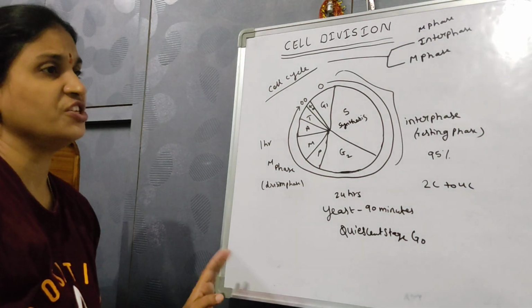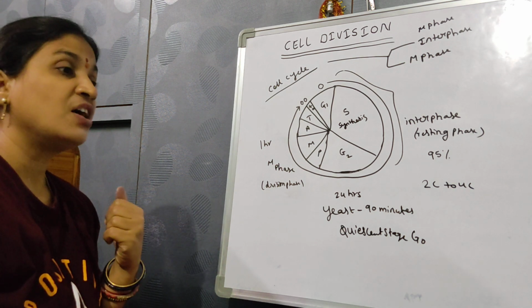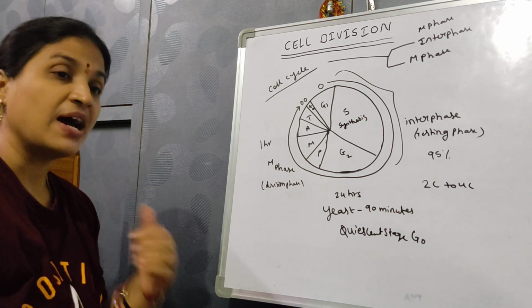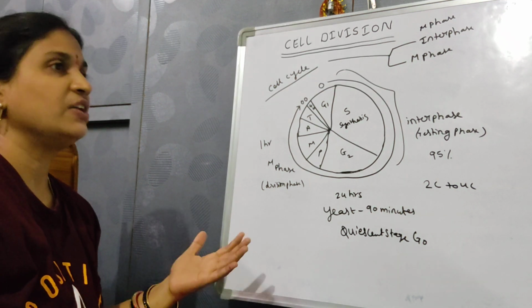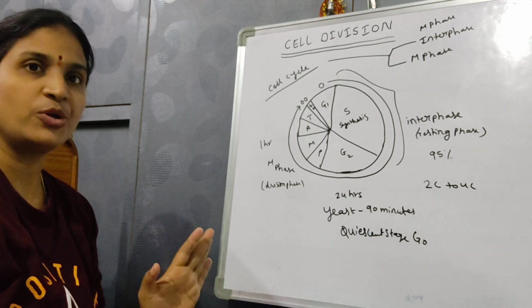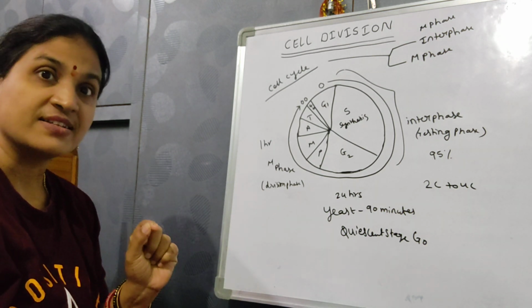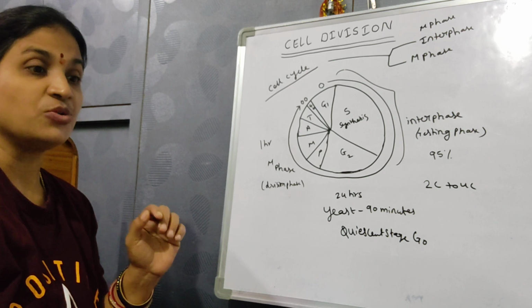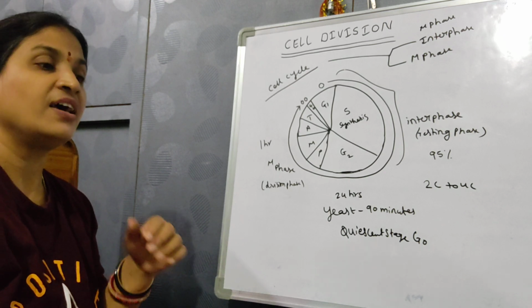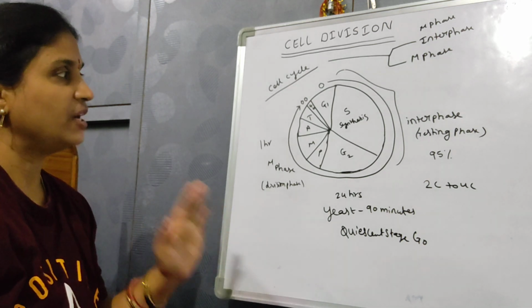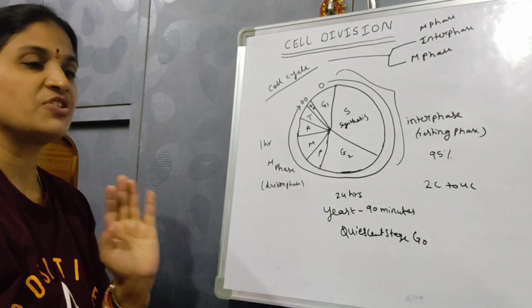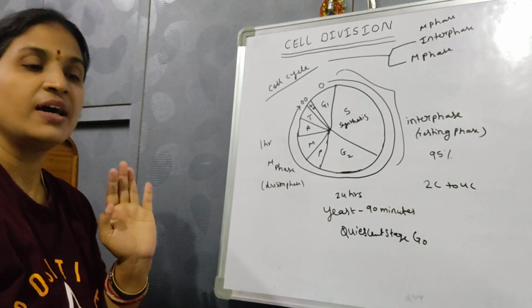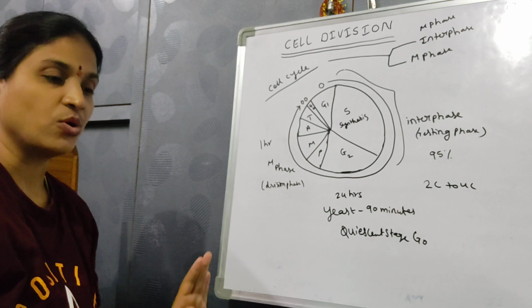Majorly they will not show any division, but if the organism demands the cells to divide, they will divide. The normal heart cells are not going to divide, but if it is a cancerous cell, it may divide. But majorly these are the cells which exit G1 phase and enter into an inactive stage where the cells are not going to proliferate.